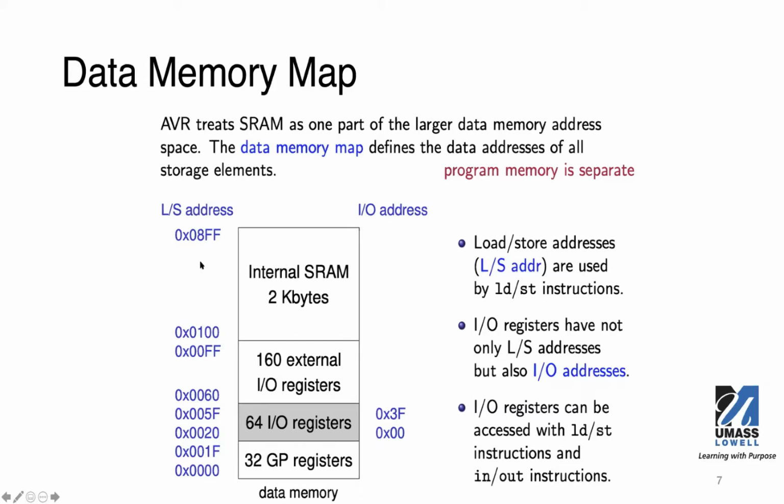So the load store address will assume that you are talking about this address space. And in different parts of the memory space, it's mapped to different things. Between these, it's mapped to SRAM. Between these, it's mapped to general purpose registers. And between 20 and 5F, these are mapped to the 64 I/O registers.